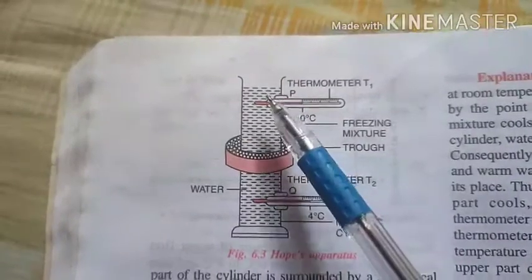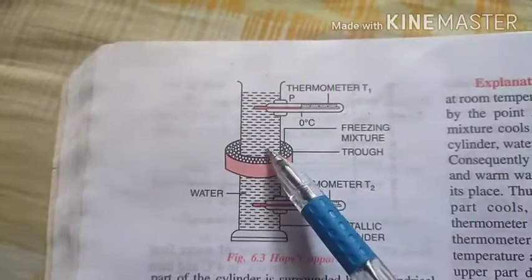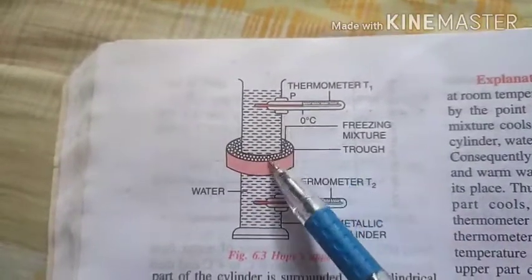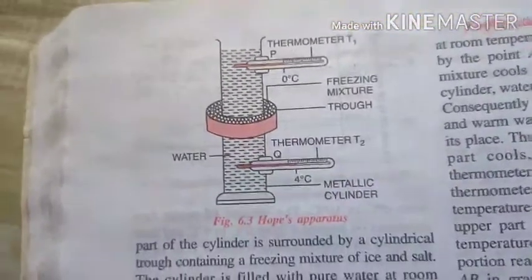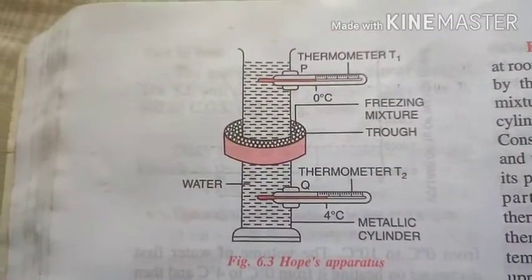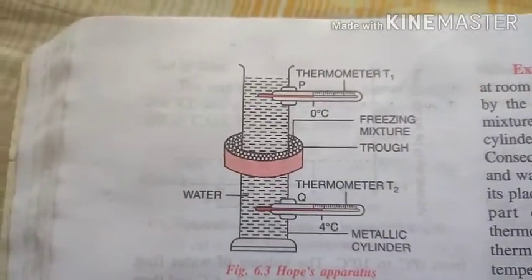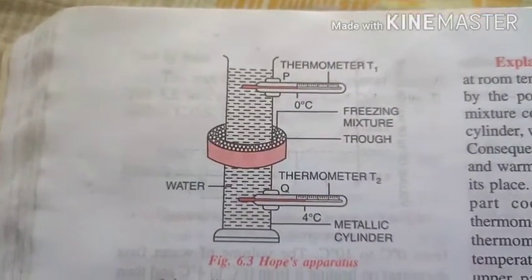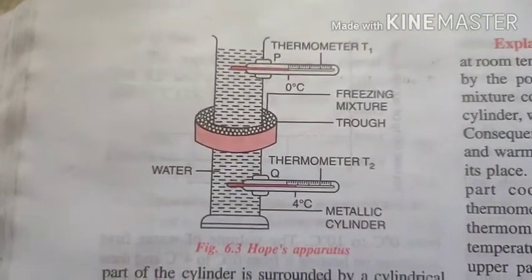Once it cools from 4 to 0 degrees Celsius, the water is expanding, so the density decreases. The high density water from above goes down, cools down, and again goes up. This process keeps happening till the water in the upper region from the center portion becomes 0 degrees Celsius.